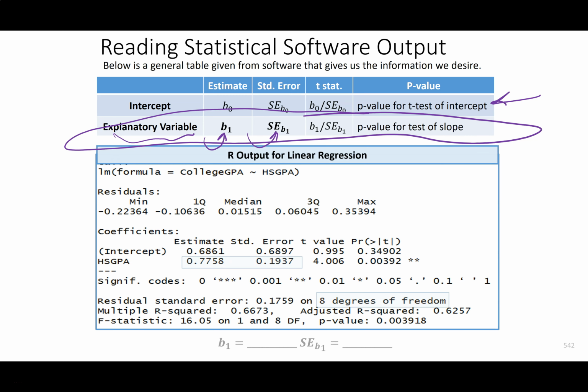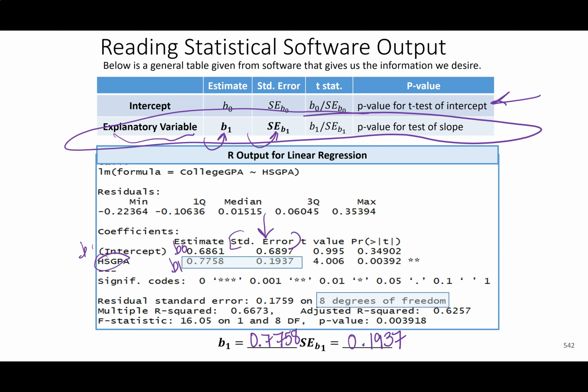So looking at my output, this is B naught, this is B1. So B1 is that 0.7758. Standard error for B1, just line up here. It's going to be 0.1937.